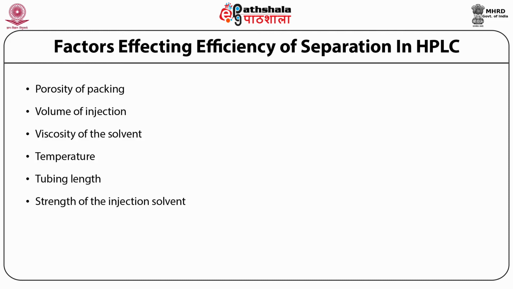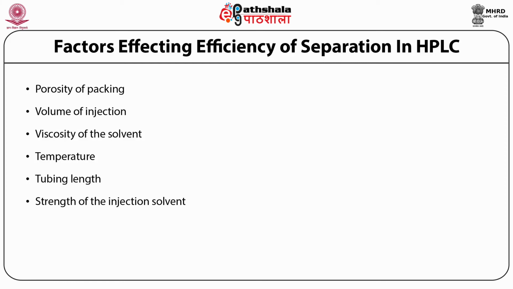Volume of injection is another parameter. You try to keep it as small as possible. If you increase the volume of injection, you might get disturbances in the sensitivity of your compound. And the type of solvent which is used, that is the last point: the strength of the injection solvent can also vary the separation.